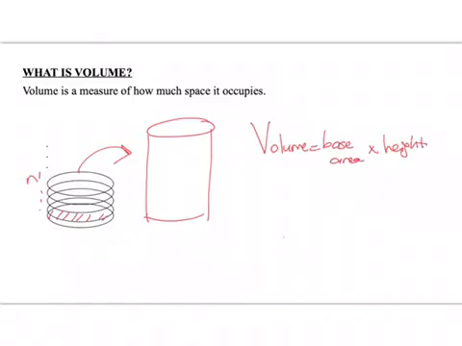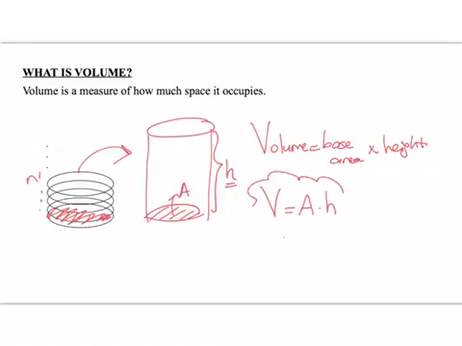So here my base is a circle, and the height is h. If I say the area is A and the height is h, then the volume will be equal to base area times the height. So this is the general definition of volume.